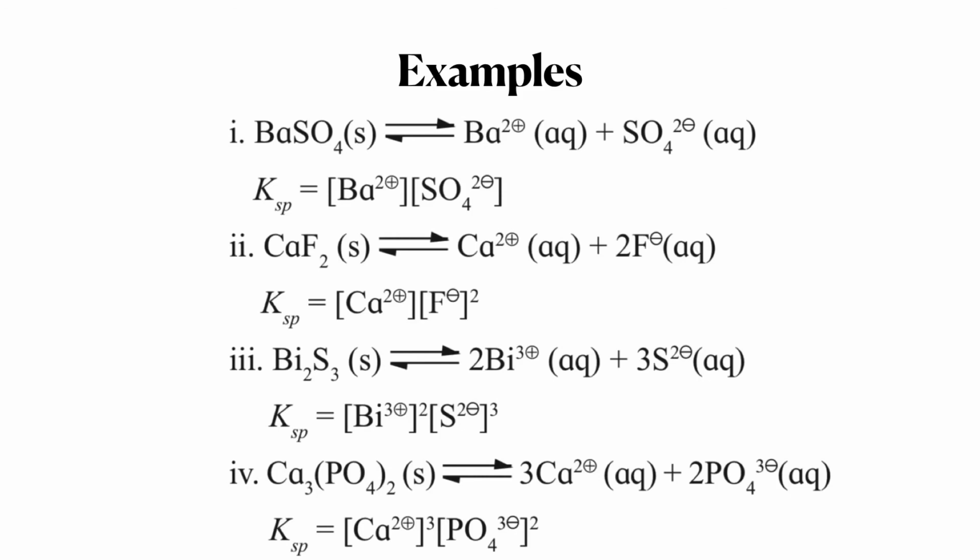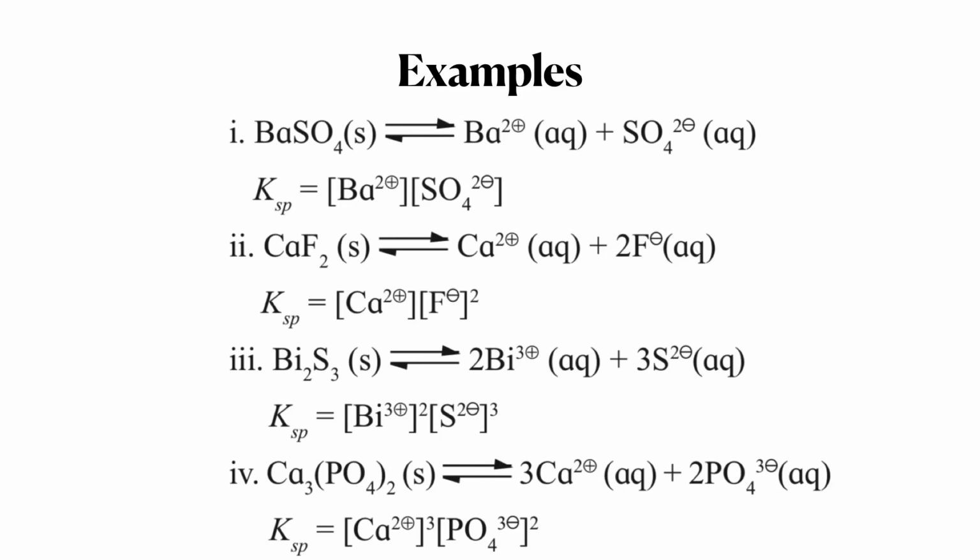Okay, so we'll see first example, that is barium sulfate. Now first we have to do the dissociation of barium sulfate. It will dissociate into Ba2 plus and SO4 2 minus. So I can find the Ksp value, that will be equal to what?